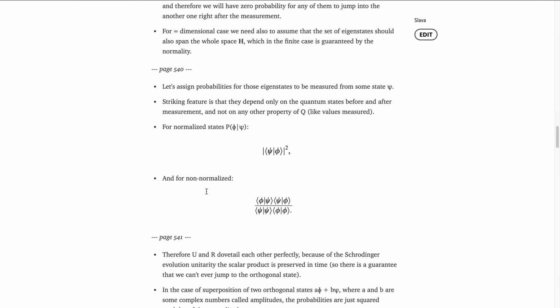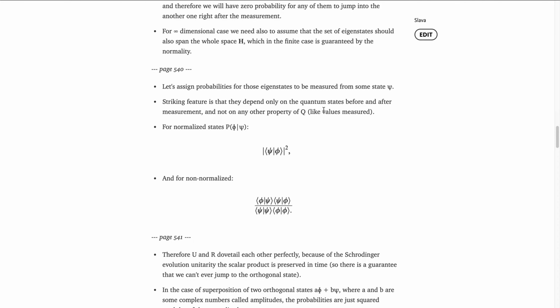So we can try and assign probabilities to those eigenstates to be measured from some general state psi here. A striking feature is that they depend only on the quantum states before and after measurement, and not on any other property of Q, like values measured on the device.